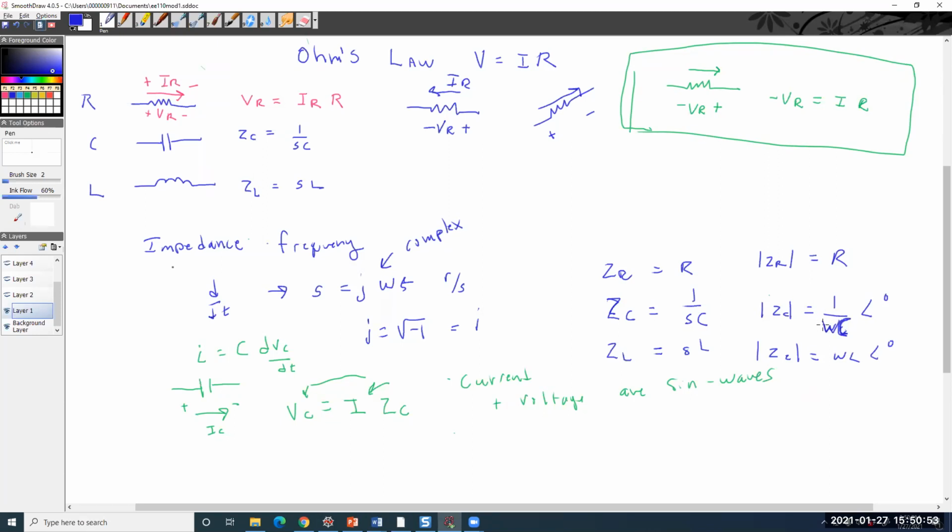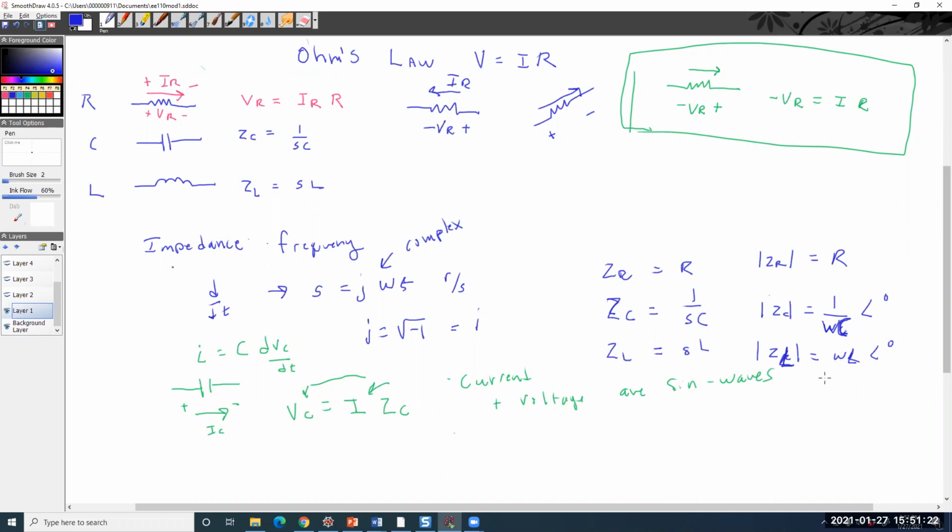So with a capacitor, if the frequency is 0, DC, 1 over 0 is infinity, you could think of that as high impedance. Or if R is a mega ohm, you could think of that as high impedance. If omega is 0 for an inductor, that'd be 0 impedance.